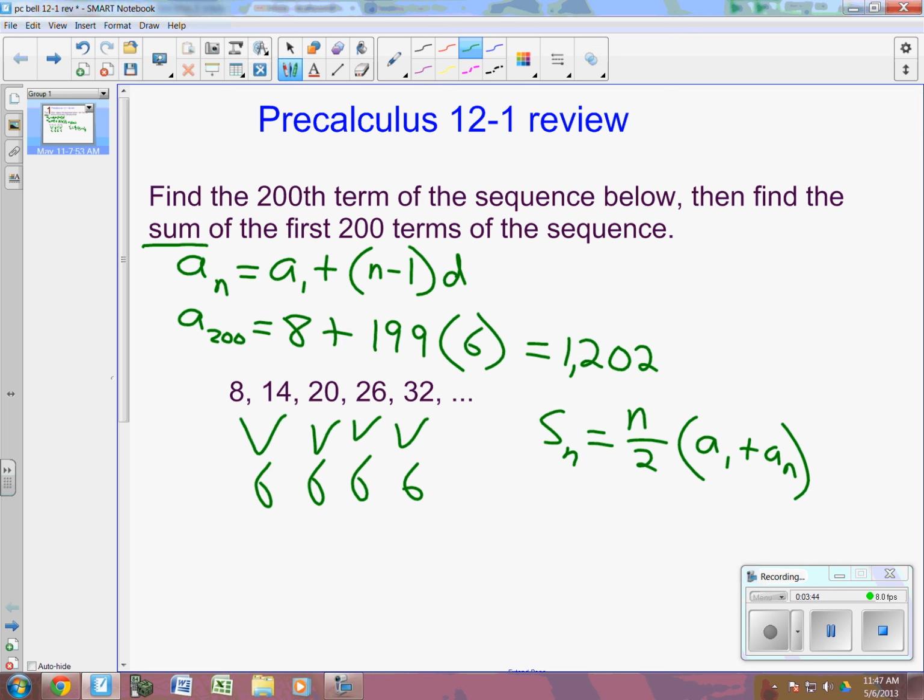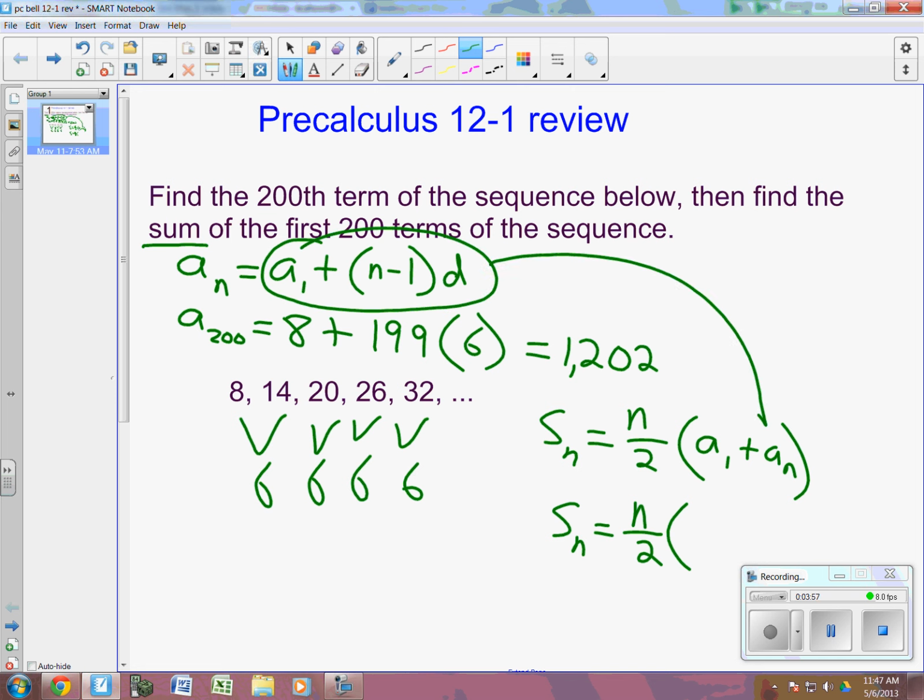But if I hadn't figured it out, here's another formula. If I substitute this formula right here in for a sub n, then I would get a sub 1 plus a sub 1, which is 2 a sub 1, plus n minus 1 times d.